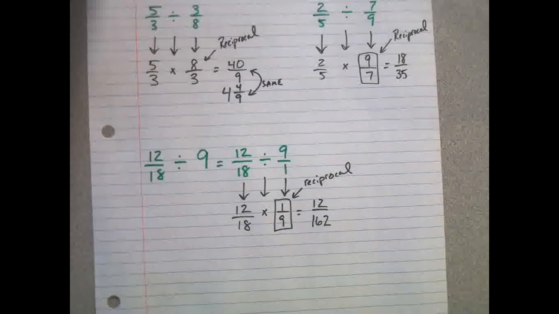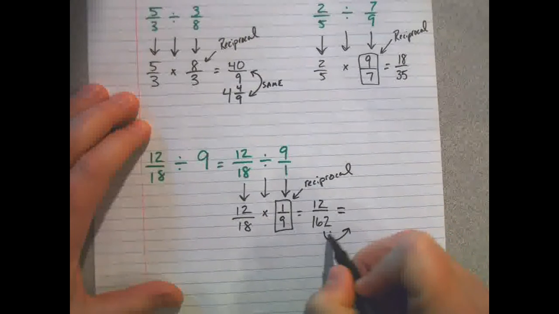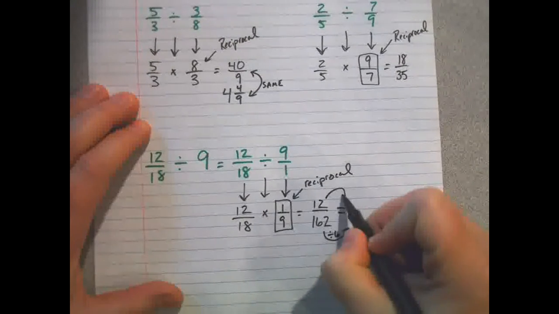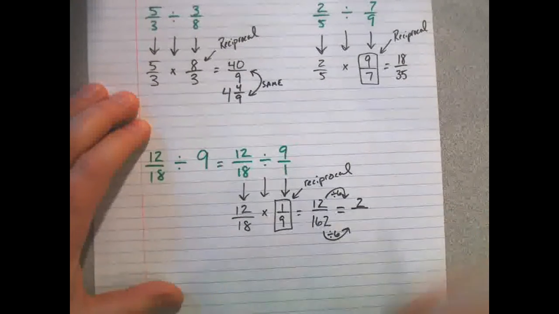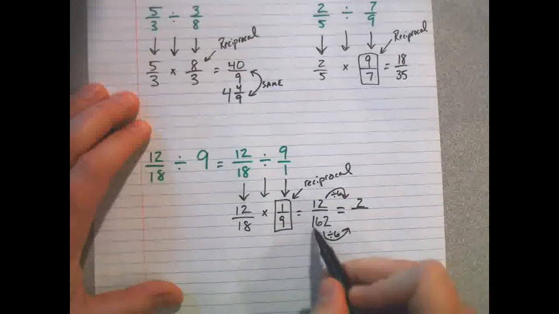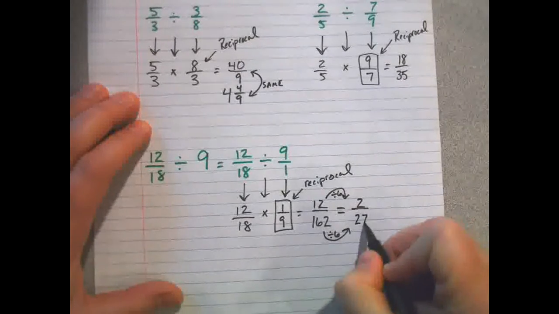I know just because I know 162 is divisible by 6. So that's going to convert into 12 divided by 6 is 2. Now I'm simplifying, so I'm doing division. I'm generating an equivalent fraction by division. So 162 divided by 6, and again, I just happen to know that, is 27.